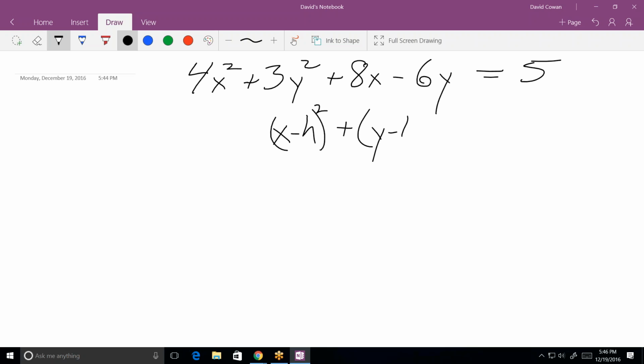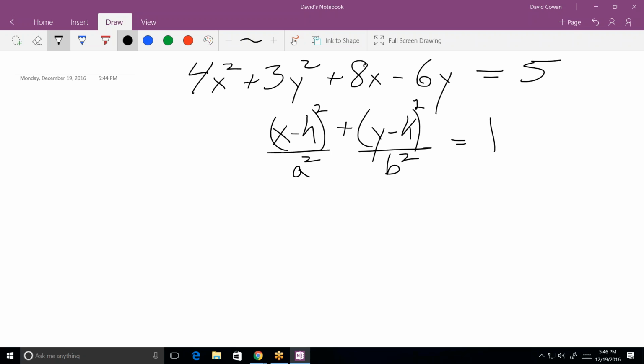With hyperbolas, I can tell immediately whether it's vertical or horizontal. With ellipses, you kind of have to solve it, get it into the general format, and then whichever has the bigger denominator tells you if it's a horizontal or a vertical ellipse. We know a has to be bigger than b, so whichever variable a ends up under, that is the major axis.